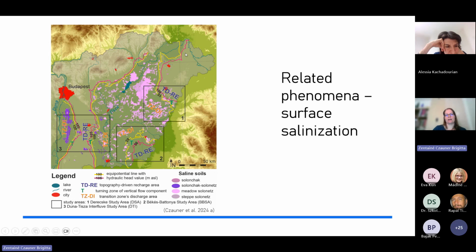Then comes some narrow discharge area of the topography-driven systems, and then the inner part of the basin is actually the discharge zone or area of the transition zone.